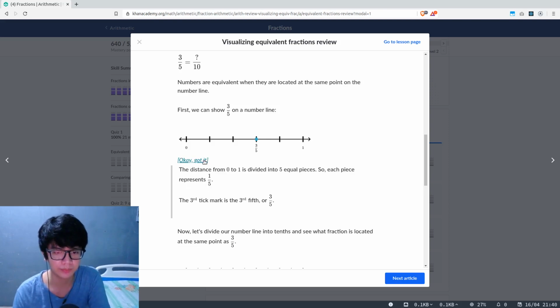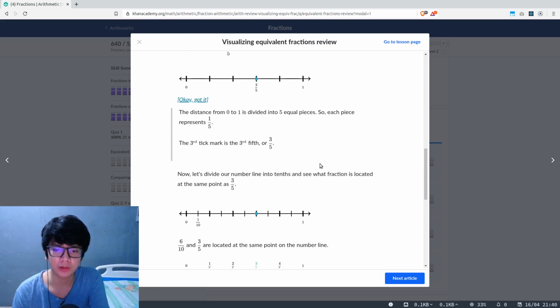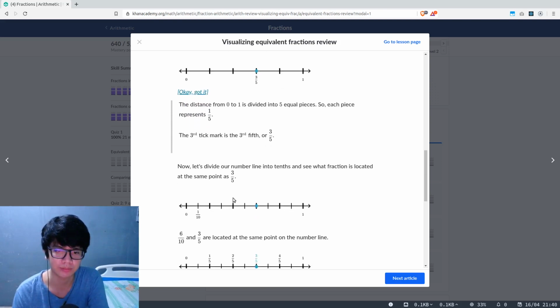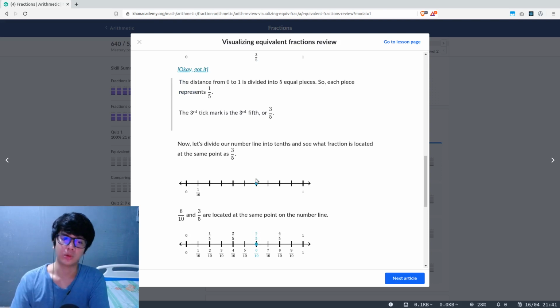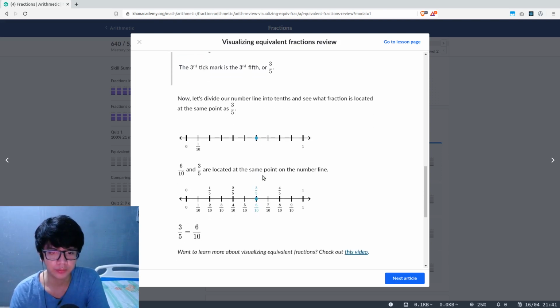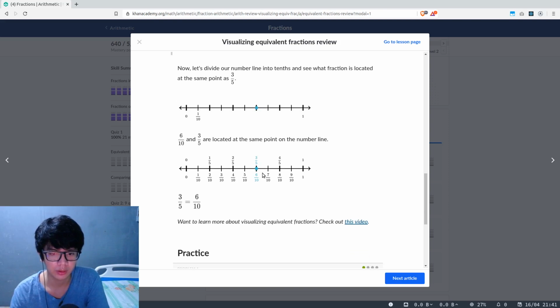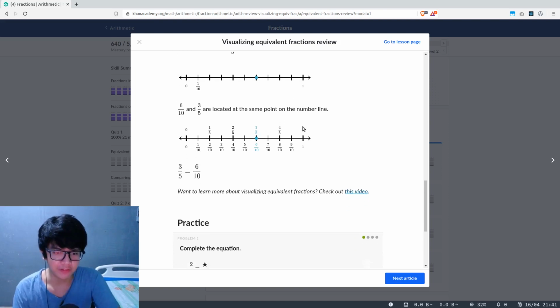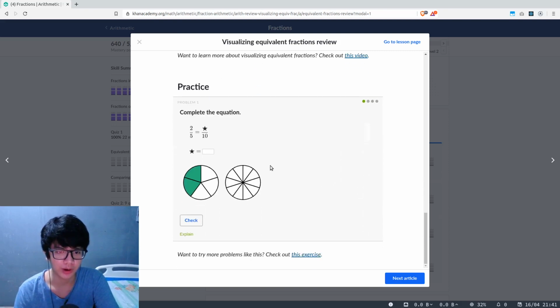So let's divide our number line into tenths and see what fraction is at the same point. Wow, 6/10 and 3/5 are located at the same point on the number line. So 3/5 equals 6/10.